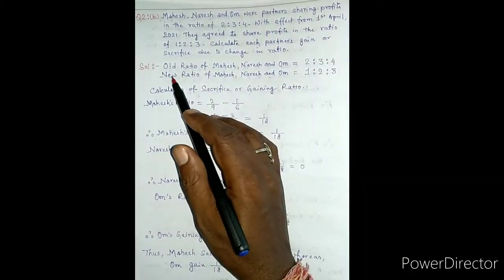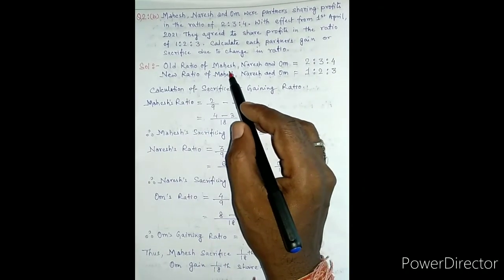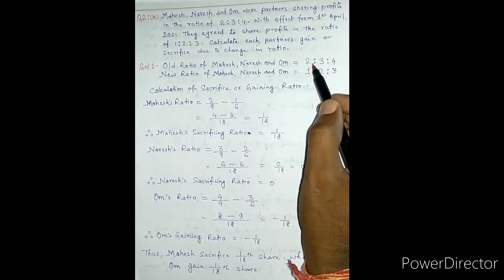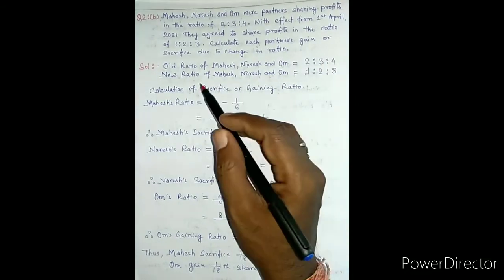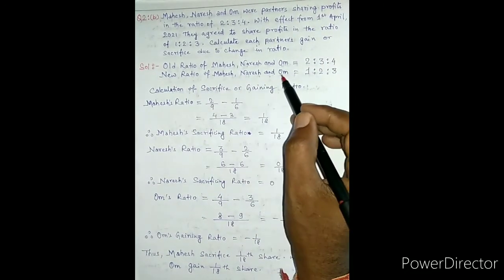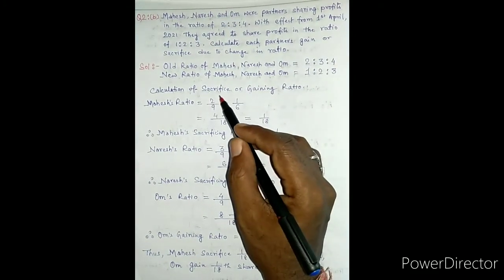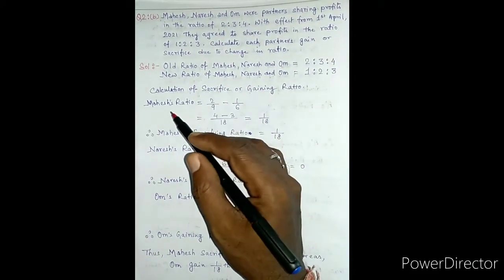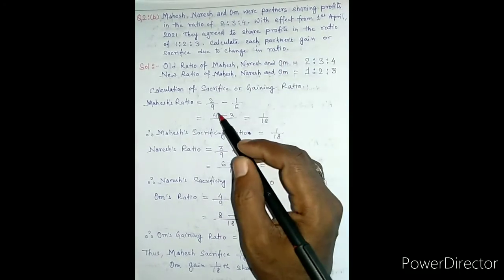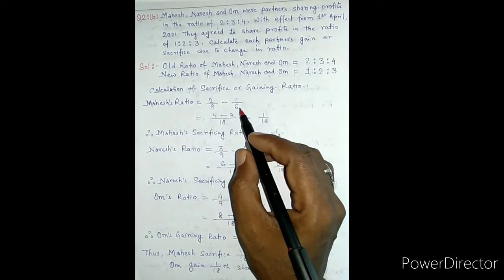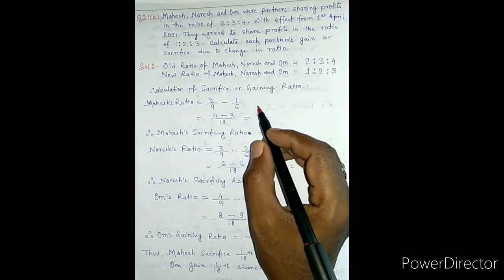The old ratio of Mahesh, Naresh and Om is 2 is to 3 is to 4, and the new ratio is 1 is to 2 is to 3. We know that sacrificing or gaining ratio is equal to old ratio minus new ratio.